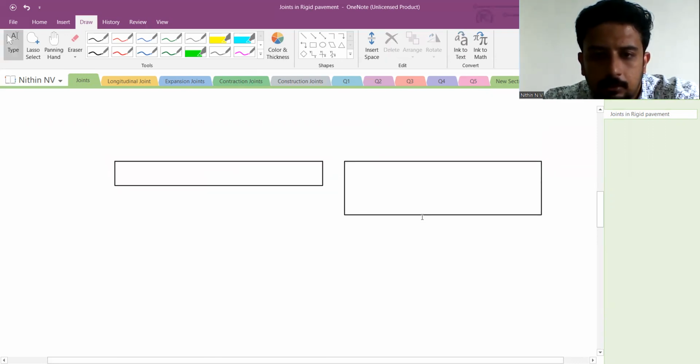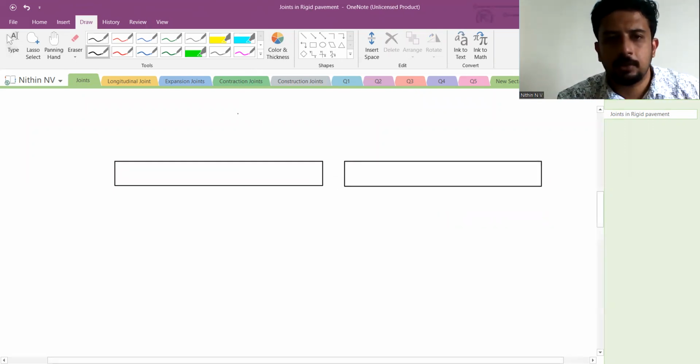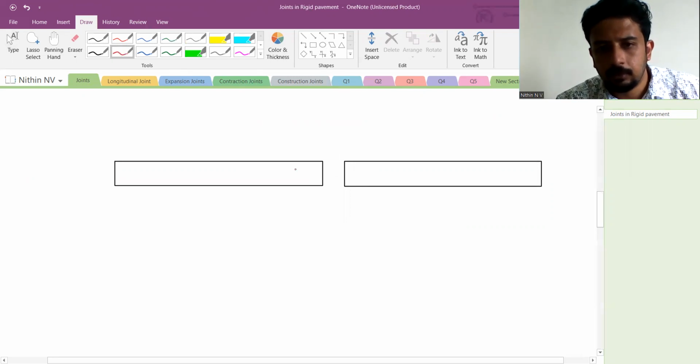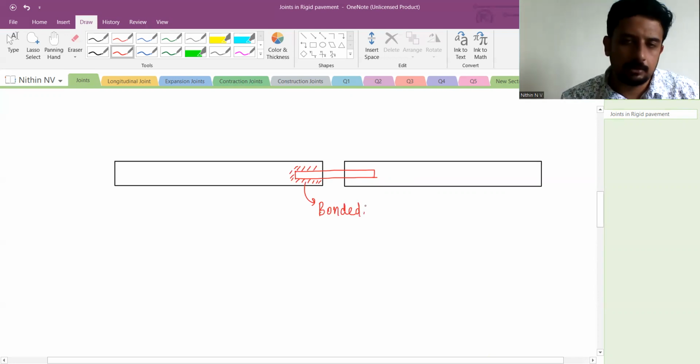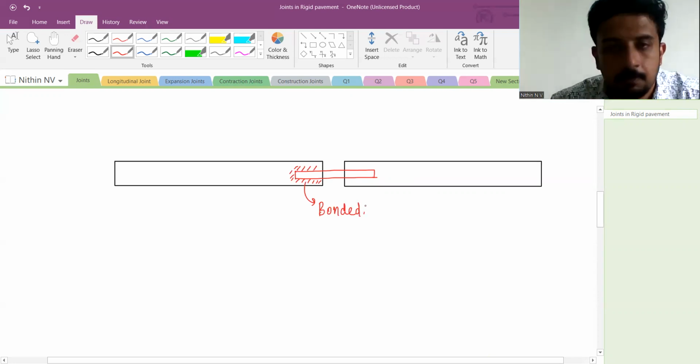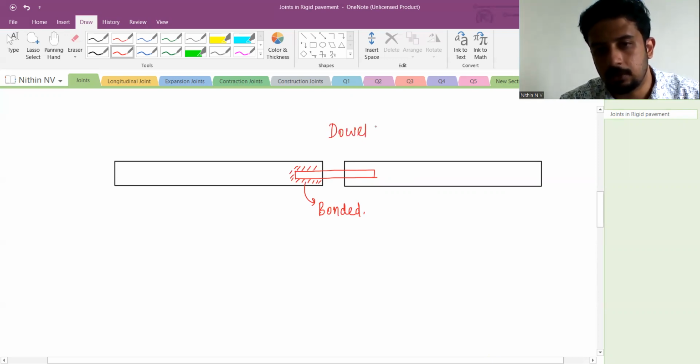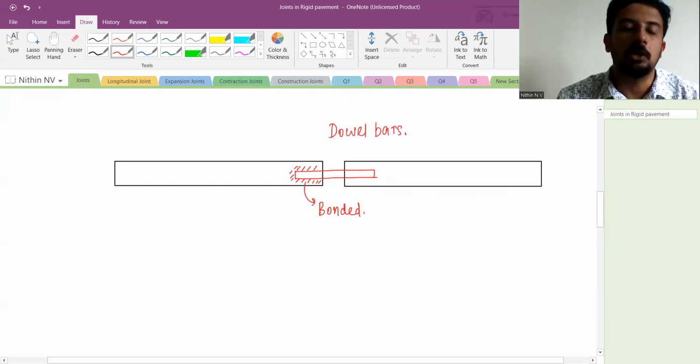From the side, we will have the dowel bar like this. So generally we mark it like this: one side is bonded, and the other side is free. This is what is called the dowel bars or load transferring dowel bars.